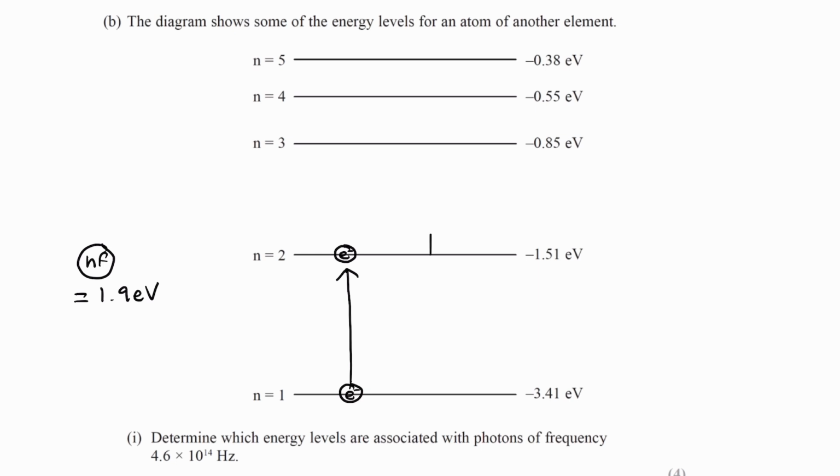Now there are many different transitions or excitations that are possible, and each individual element has a different set of energy levels. So for each individual element these numbers are different, and therefore there is a unique set of energy level differences for each type of element.